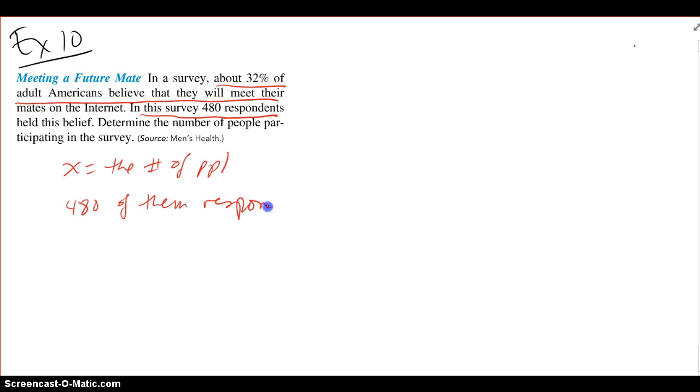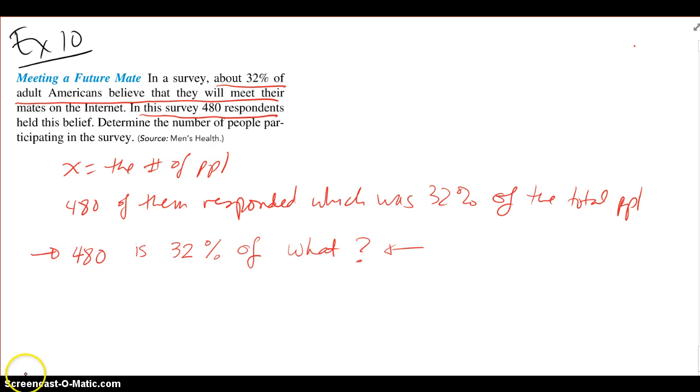responded, which was 32% of the total people who took the survey. In a sense, we're really asking 480 is 32% of what? Because 480 people accounted for 32% of these total people.